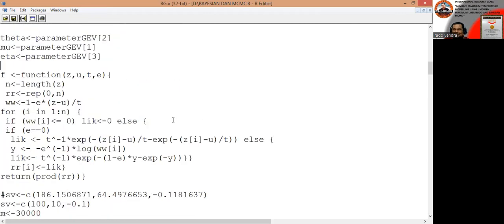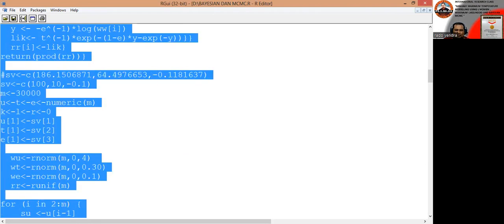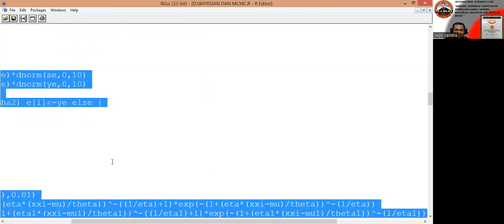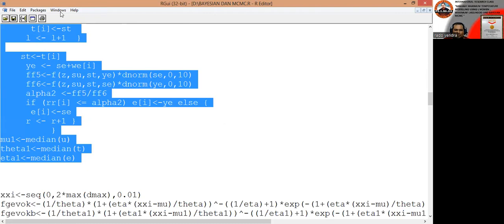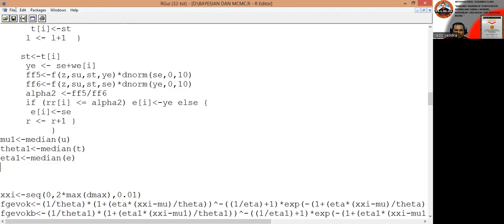I think it is not important to take a long time to discuss the Bayesian MCMC because we have already discussed this problem, so we just run our program. You can check here, we run the Bayesian Markov chain Monte Carlo.